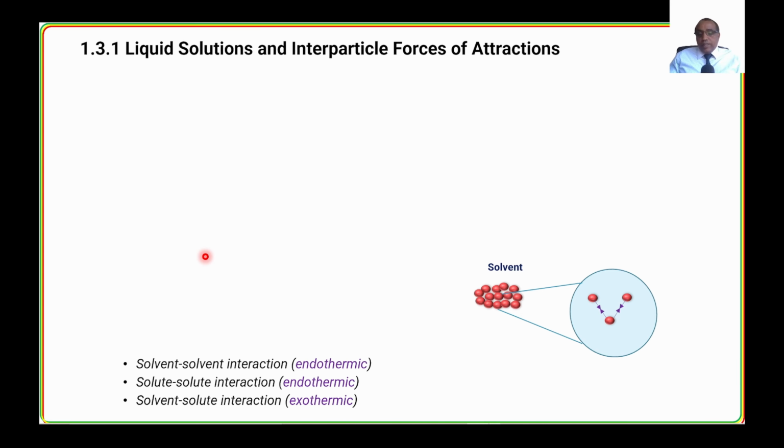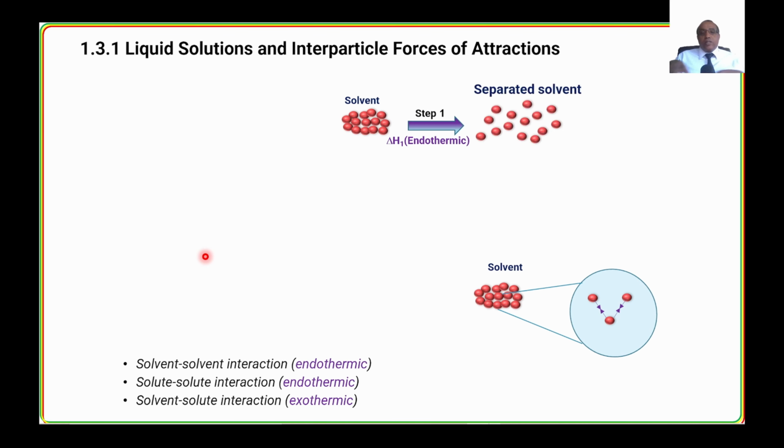Let's assume that the dissolution process takes place in 3 steps. Generally when you dissolve a solute in a solvent, you have a solute, you have a solvent. The solute and the solvent should interact to give you a solution. The first step is you need to separate the solvent-solvent particles by applying energy.